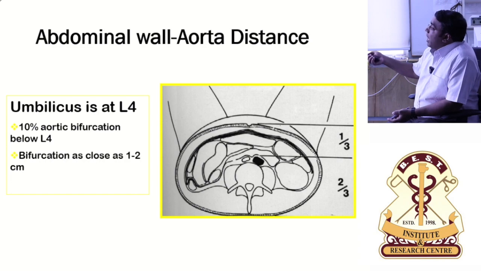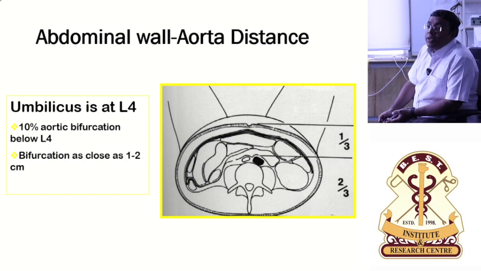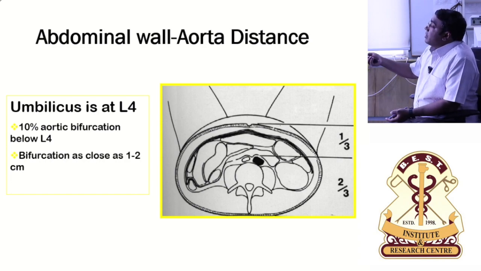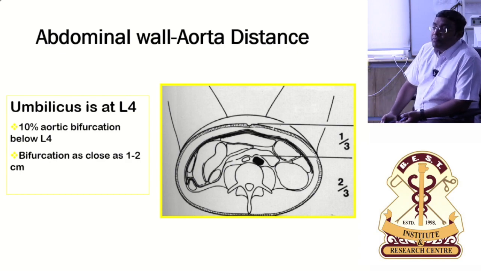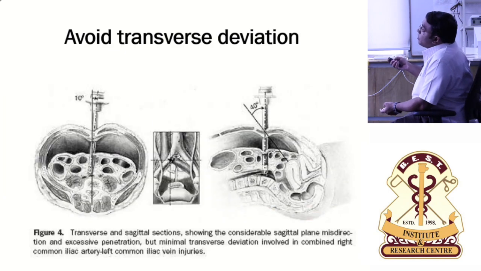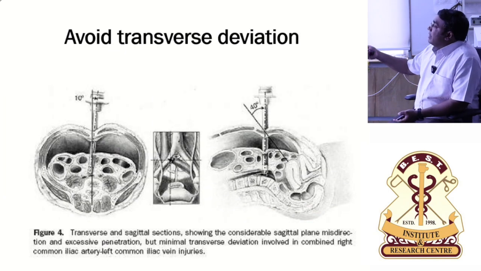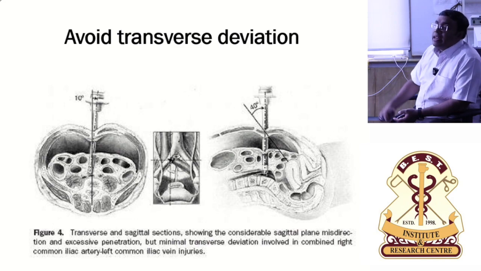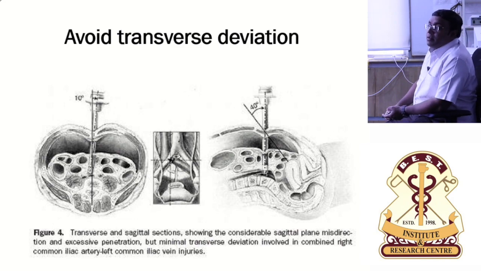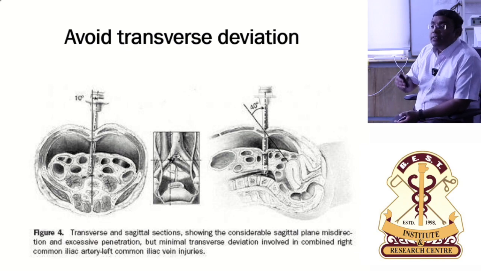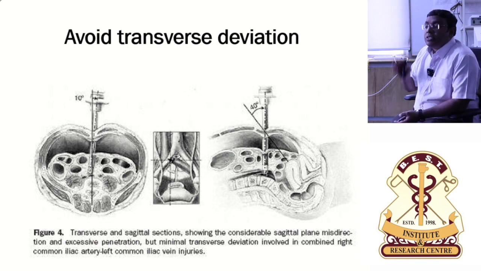So it can be as little as 1 to 2 centimeters, and bifurcation below the level of L4 is seen in 10% of patients. So this is the reason you should be very careful. Even a 10-degree tilt to one side can actually point towards the iliac vessels. So never put it at an angle. It should always be in the midline towards the sacral hollow.